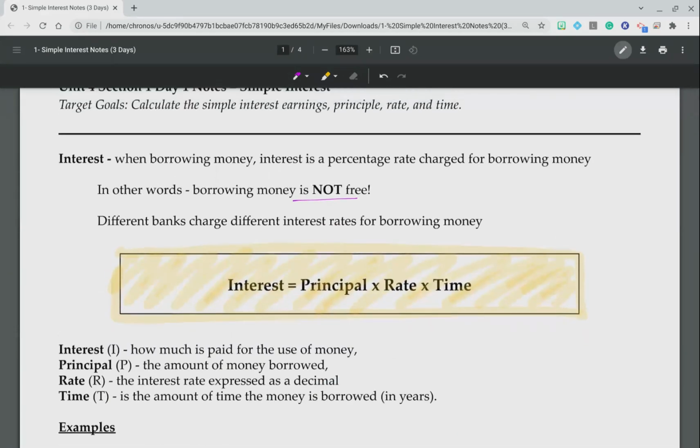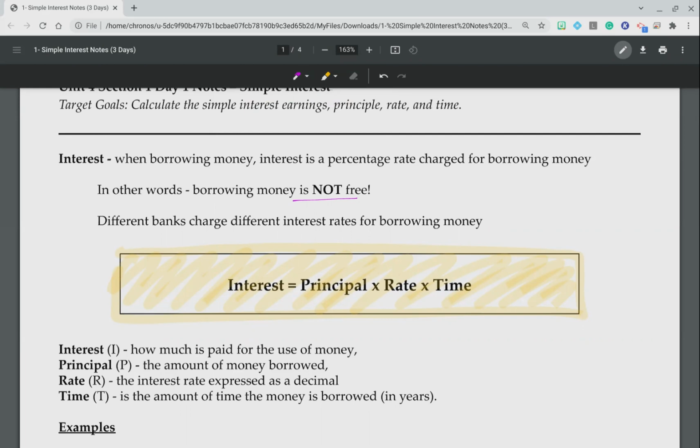First, interest is how much you are paying for borrowing the money from a bank or wherever you're borrowing money from. The principal is the amount of money you borrowed. The rate is the interest rate expressed as a decimal. Remember, every time that we plug a percentage into an equation, we need to make sure we plug it in as a decimal.